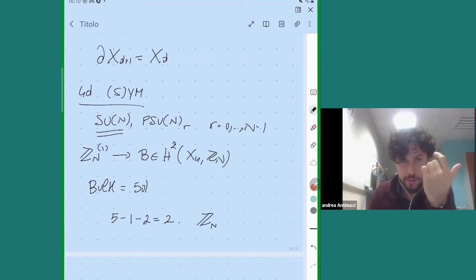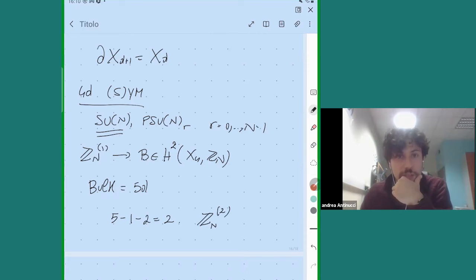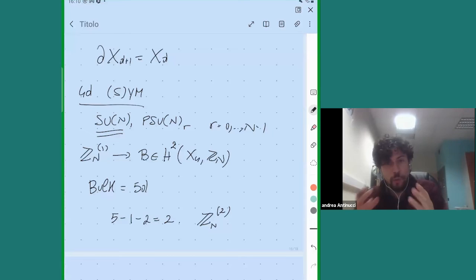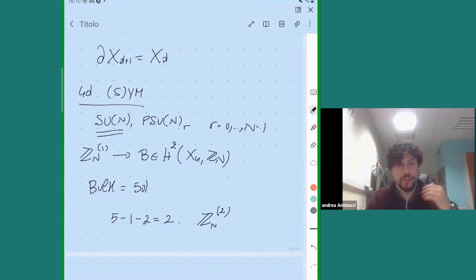In principle it is the group of characters of Z_N, but this is isomorphic to Z_N, and this is a two-form symmetry. But on top of this, since the original one-form symmetry was trivially acting on the bulk, when we gauge it we also get a kind of center symmetry.